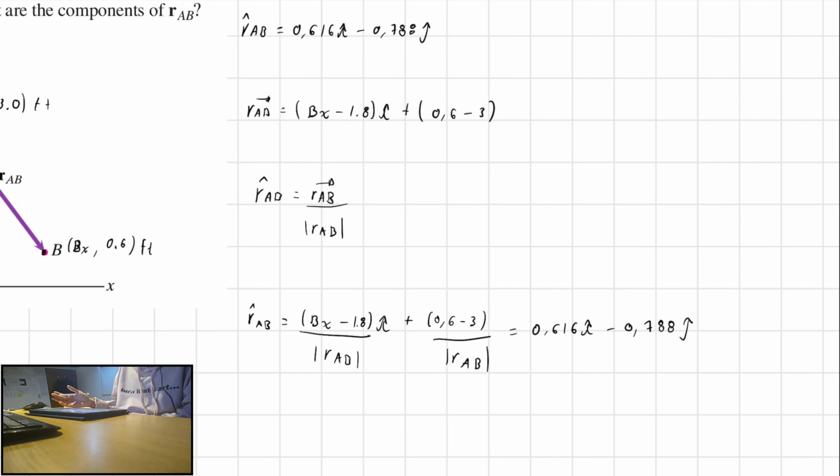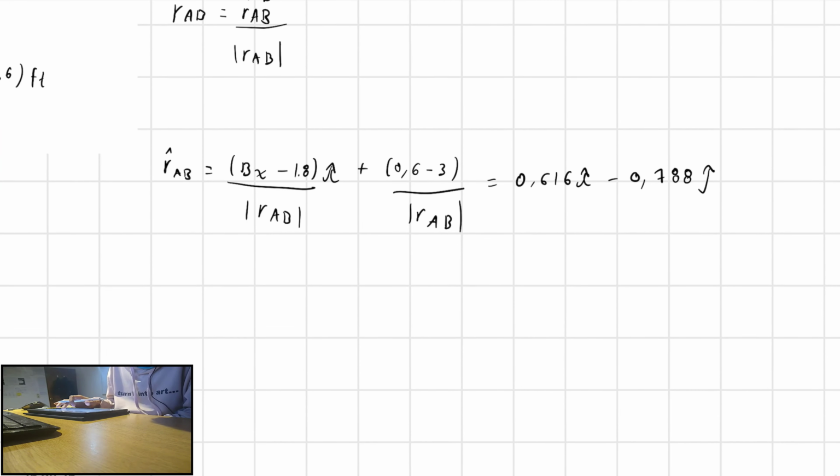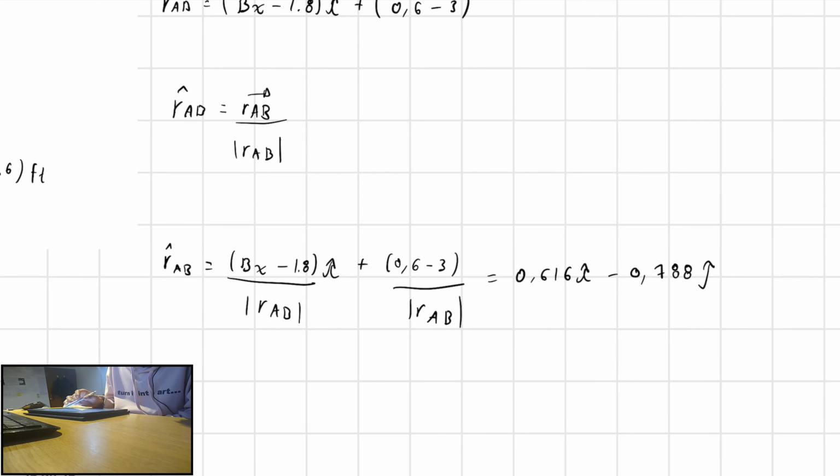Which is the unit vector. But there is one thing that happens, and that is that I only have one equation and two unknowns, which are Bx and the magnitude. I don't have the magnitude, so I have to be able to find another equation for me to solve this.